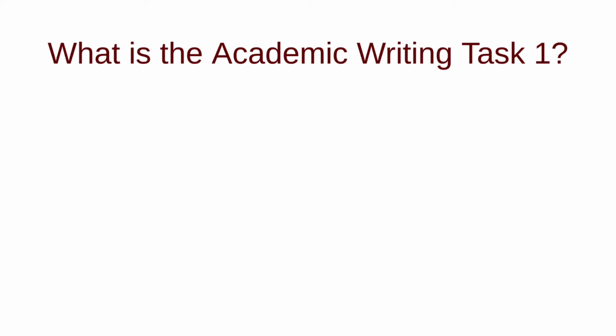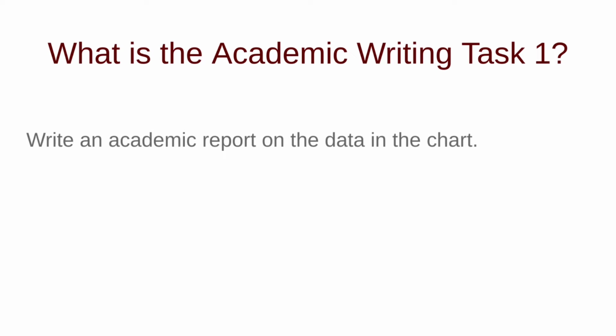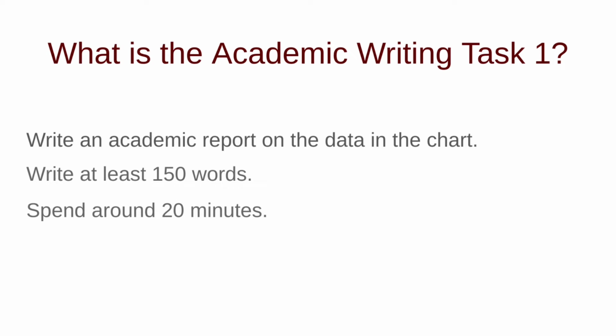You will need to write an academic report on the data contained in the charts. You need to write at least 150 words. You should spend around 20 minutes on task 1, which will give you 40 minutes to do task 2. And task 1 is worth around 33% or 1/3 of your overall score for the writing section.